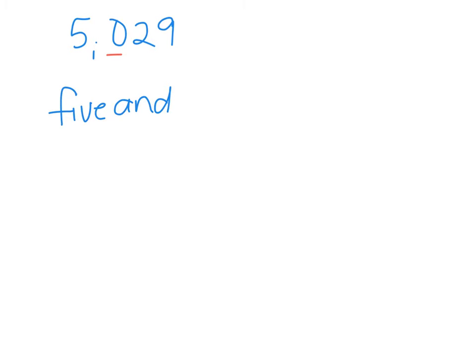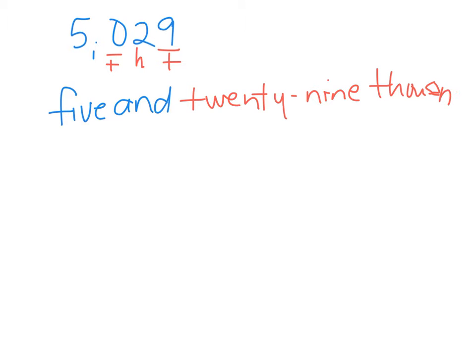So the first decimal one is tenths, the second one is hundredths, and the third one is thousandths. So we have 5 and 29 thousandths, spelled correctly. This stylus, I got to get a new stylus. This is really hard to write with because it's all squishy.